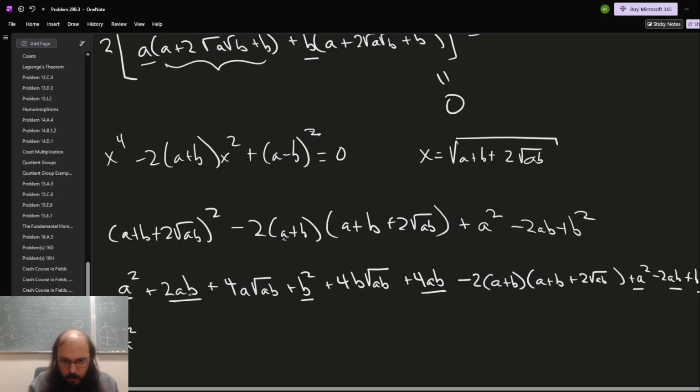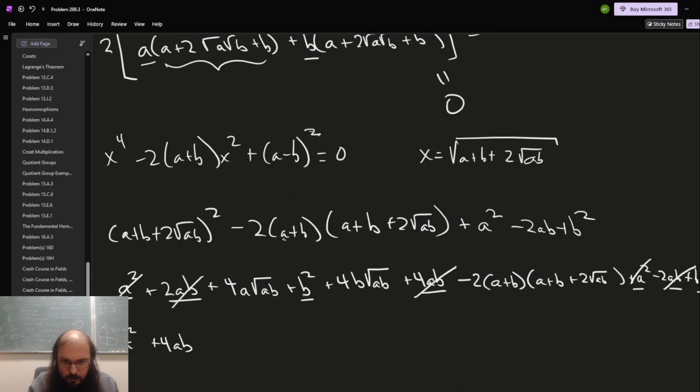How many ab are there? 2ab minus 2ab. So there's just 4ab. Let's scratch these out when we're done with them so we don't accidentally recopy them. This, and this, and this. And then for the b squareds, I have b squared plus b squared.